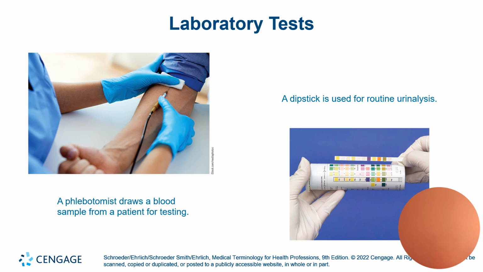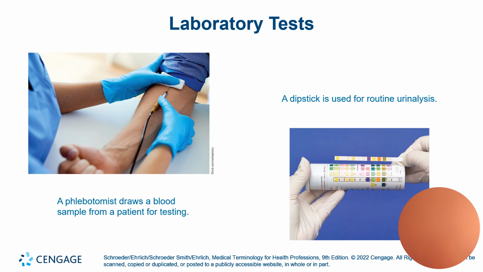So some of the blood tests that we might do is what we call a CBC, or a complete blood cell count, which is a series of tests performed as a group to evaluate several blood conditions, such as red blood cells, white blood cells, etc. We can do an erythrocyte sedimentation rate, also known as an ESR, or sometimes called a SED rate.